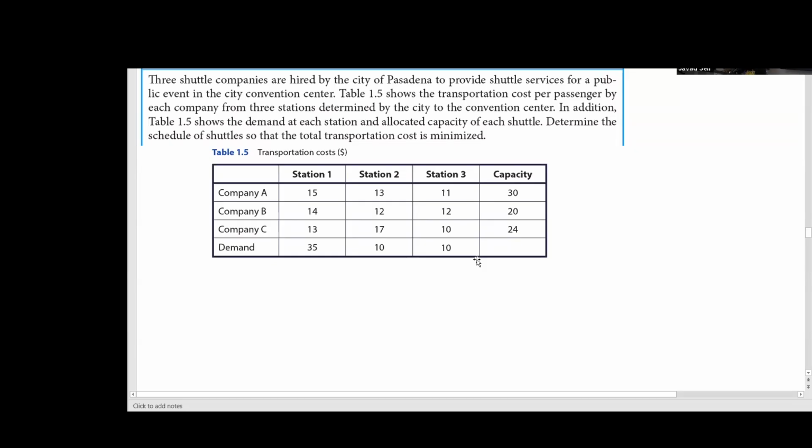And because there are many ways I can do that, it's an optimization problem. Why? There are many ways to do that. 35 people in station 1, 30 of them can go with company A, 5 of them can go with company B. Another way, 30 of them go with company B, the other 5 go with company C. Right there, I have more than one answer. It's an optimization problem.